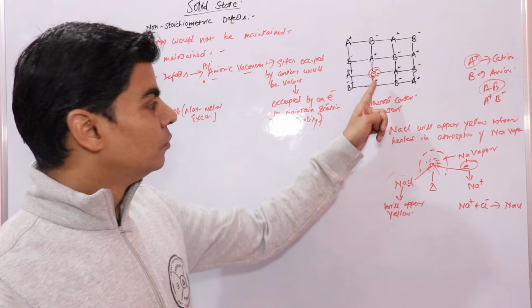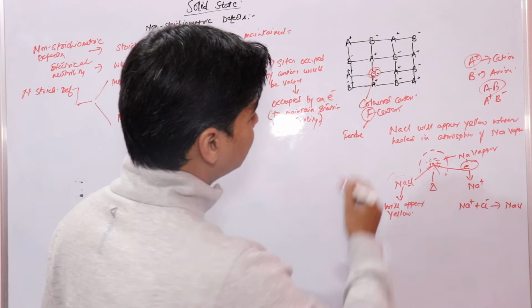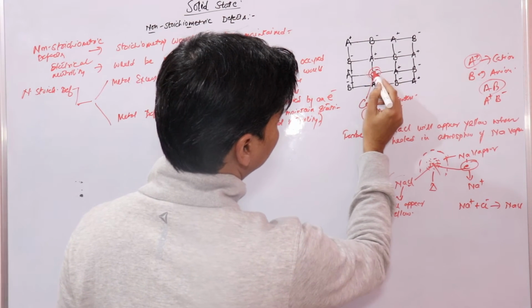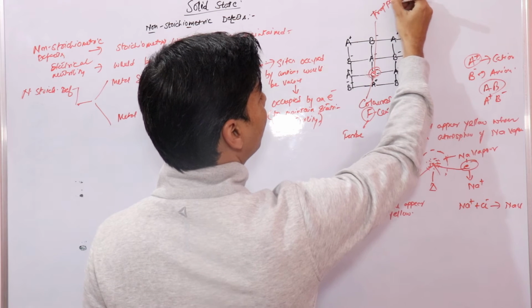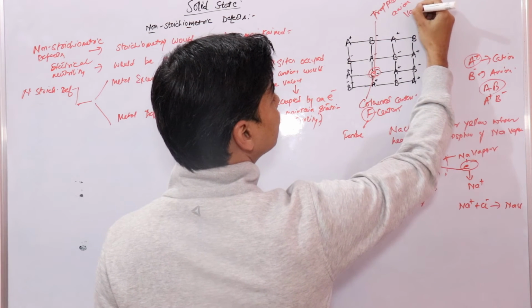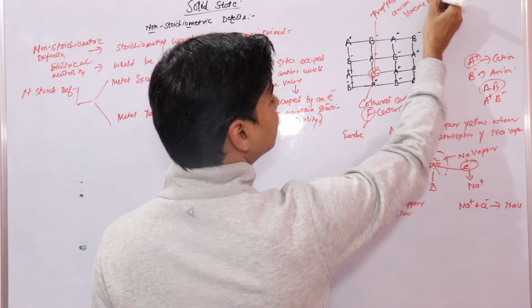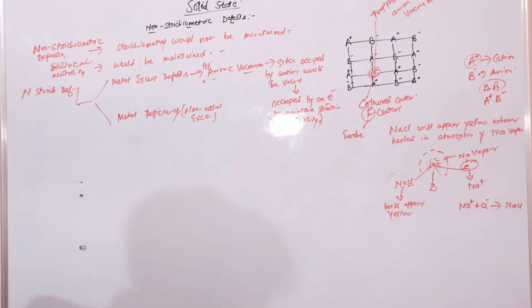We say that this electron is trapped in anion vacancies and is responsible for giving yellow color to sodium chloride.